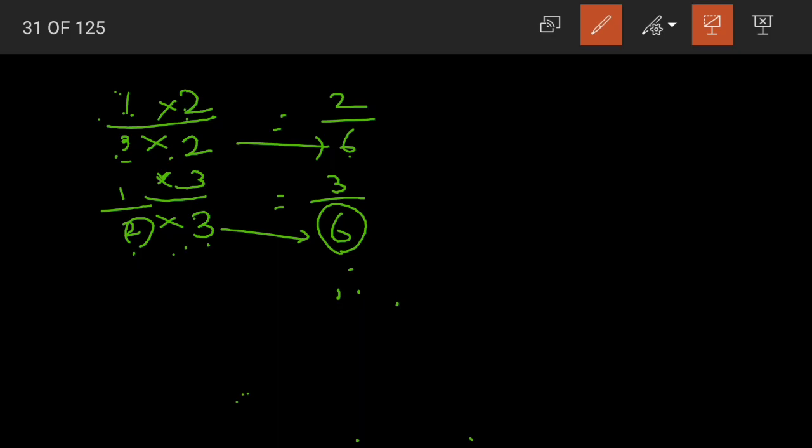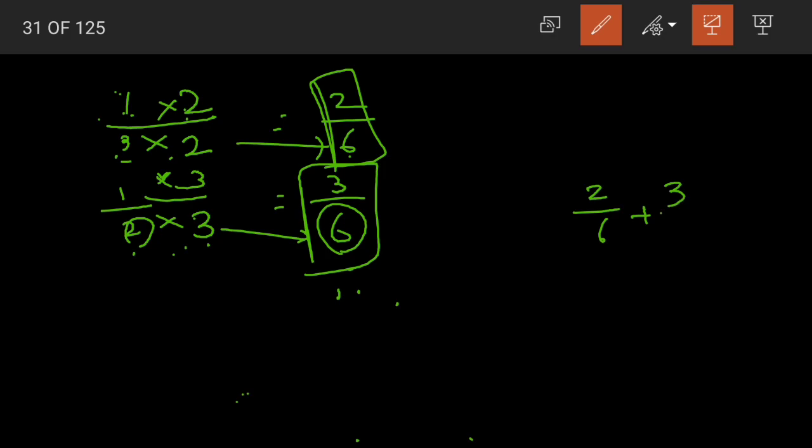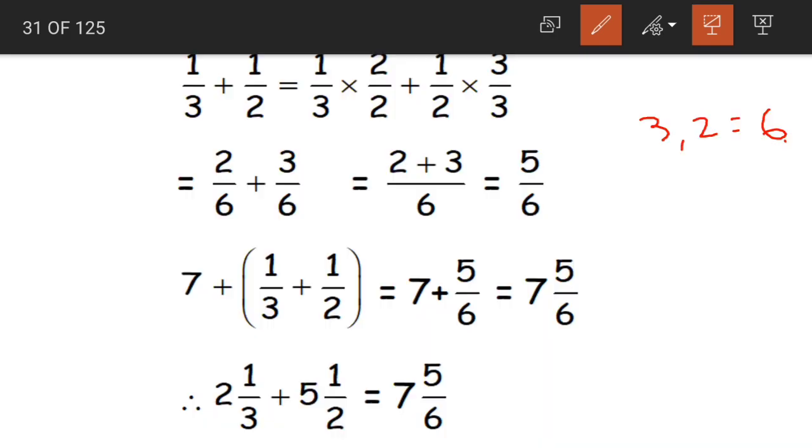Understood? Now we have two like fractions, 2 by 6 and 3 by 6. Let us add. 2 plus 3 divided by 6. 2 plus 3 is nothing but 5 divided by 6. Yes, children, 5 by 6 is our resultant sum of the given fractions.